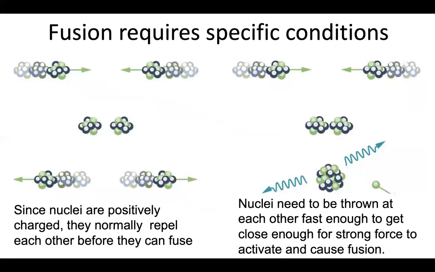And this highlights something important about fusion. Fusion, this change from one nuclear configuration to another, requires the two nuclei to get extremely close to each other. Distances comparable to 10 to the minus 15 meters. If they don't get that close, then nothing happens. If you throw two of these positively charged nuclei at each other, they'll approach, but the electrostatic force gets stronger and stronger, slowing them down until they stop and then fly apart.